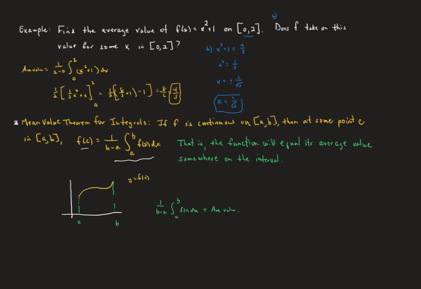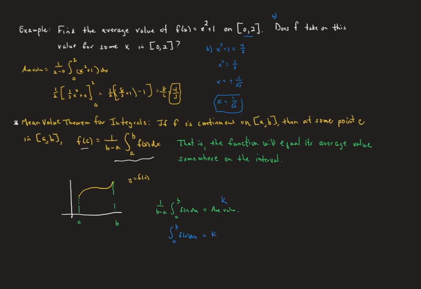And so what this really is, if you imagine multiplying that b minus a to the other side, what this average value is telling us, I'm going to just call it k for right now.